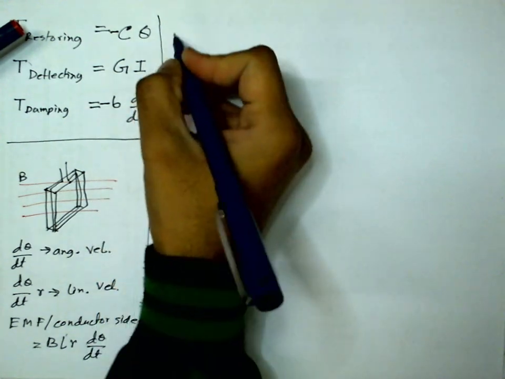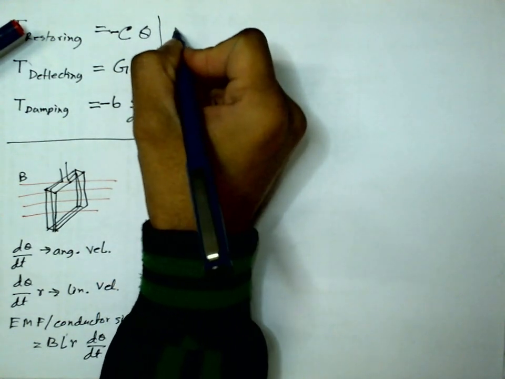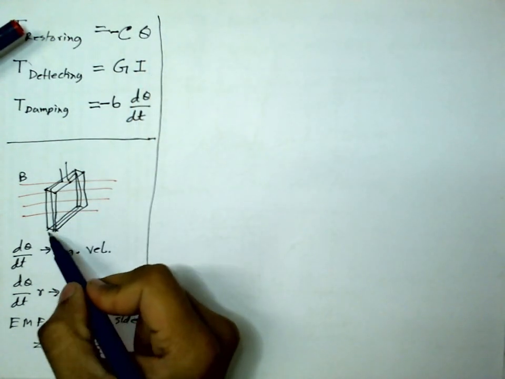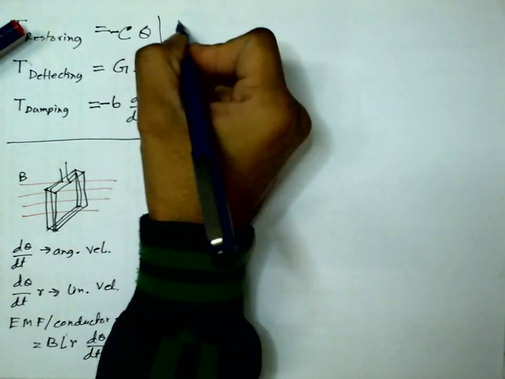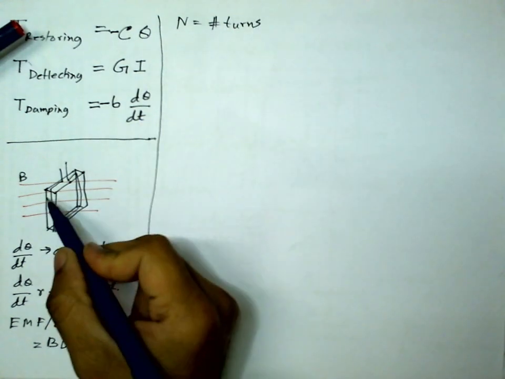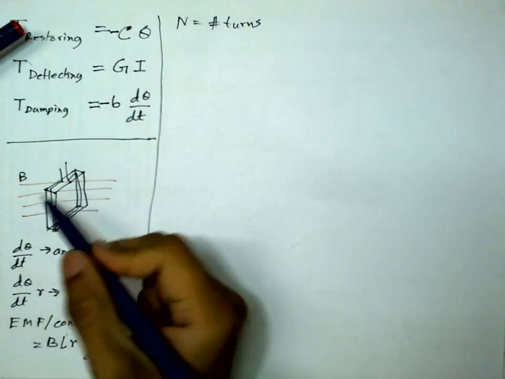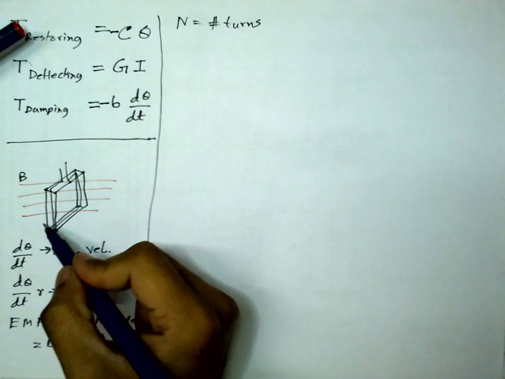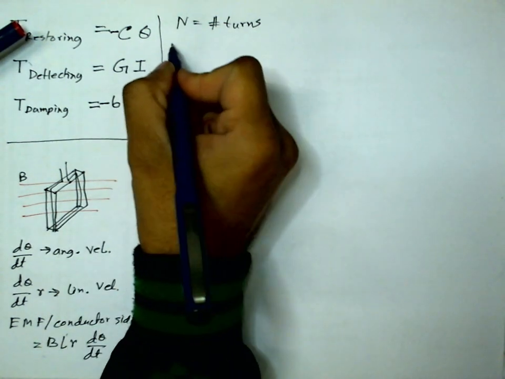When I multiply this with 2 into number of turns, N is the number of turns, and there are 2 sides per turn, so a total of 2N times this will be the total EMF.